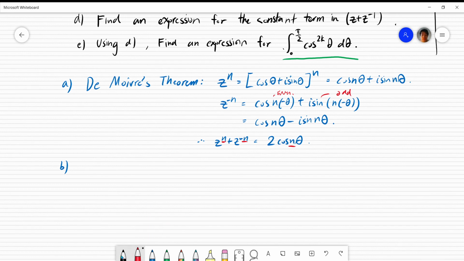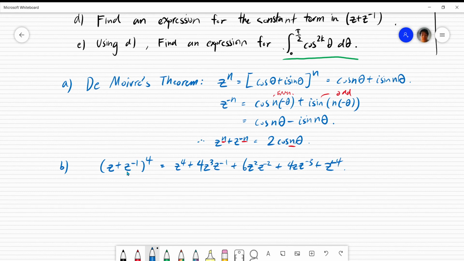So we have z plus z to the minus 1, to the power 4, is equal to z to the 4 plus 4 z cubed z to the minus 1 plus 6 z squared z to the minus 2 plus 4 z z to the minus 3 plus z to the minus 4. Okay.